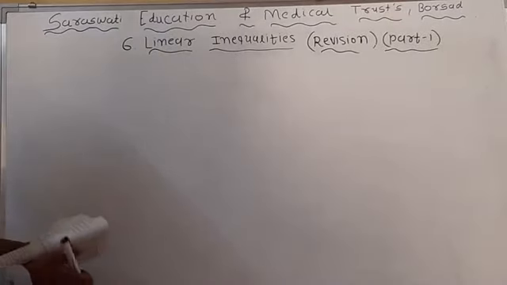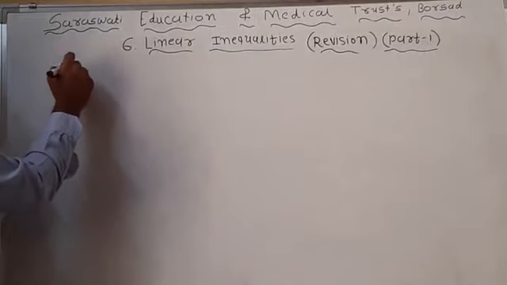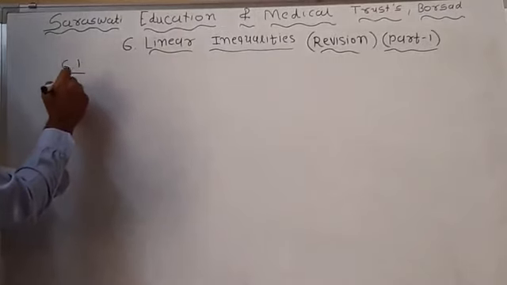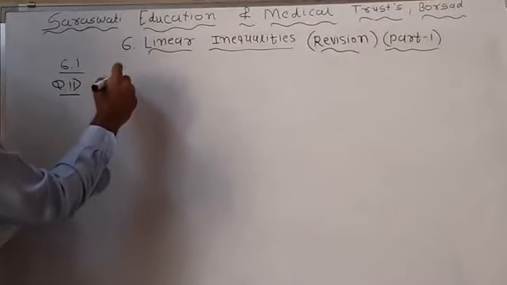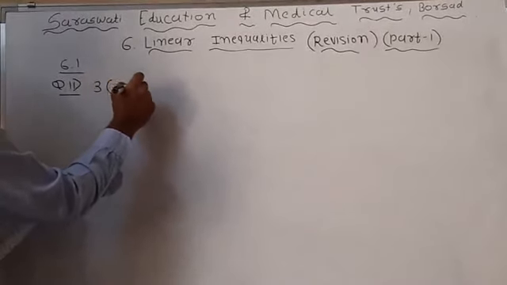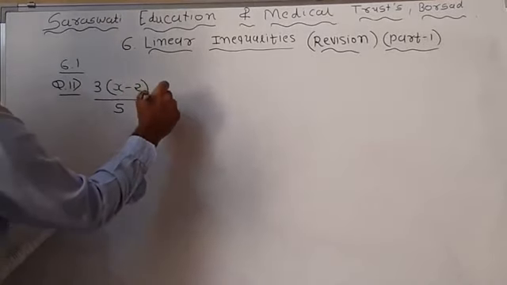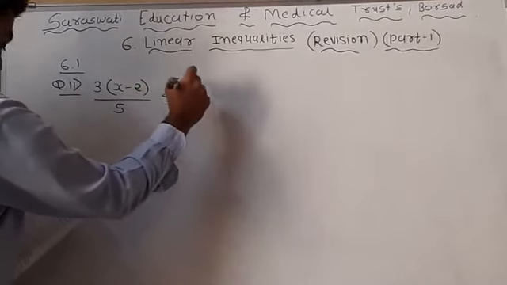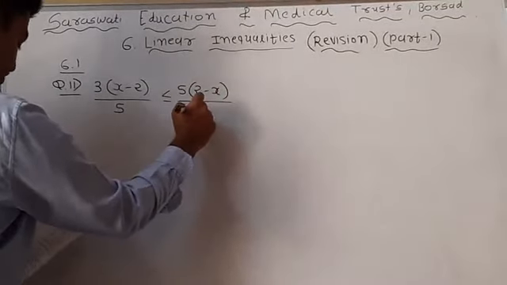So our next question, exercise 6.1, question number 11. 3 into bracket x minus 2 upon 5 less than or equal to 5 into bracket 2 minus x upon 3.